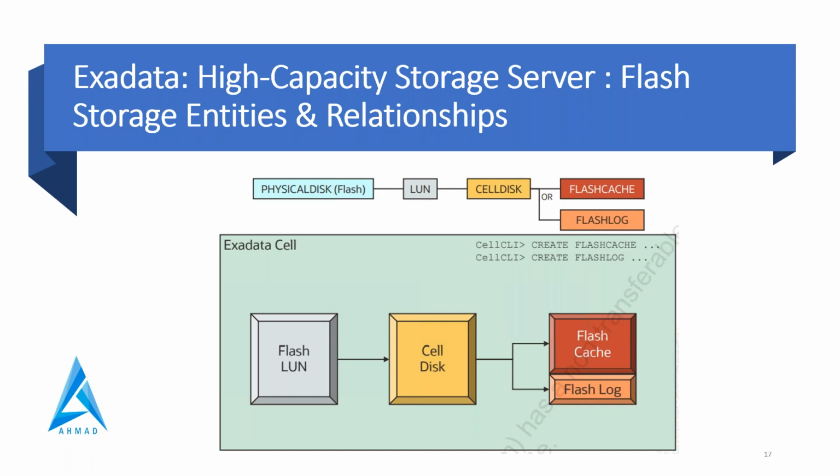By default, nearly all the available space on each flash based cell disk is allocated to Exadata Smart Flash Cache, and only a small portion is allocated to Exadata Smart Flash Log. So remember these things.